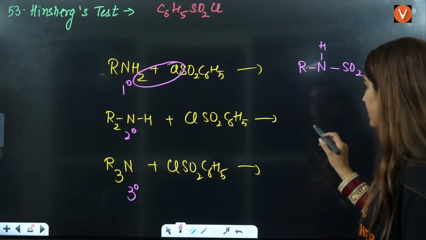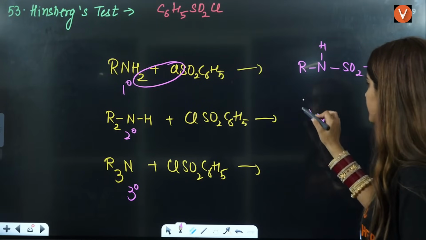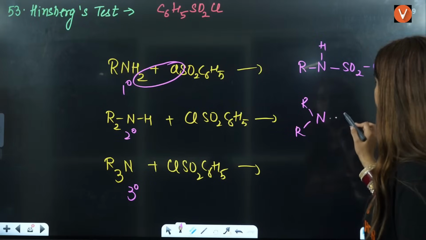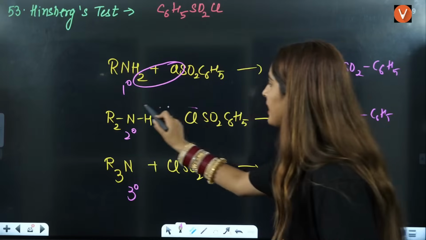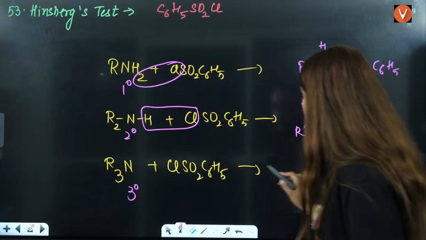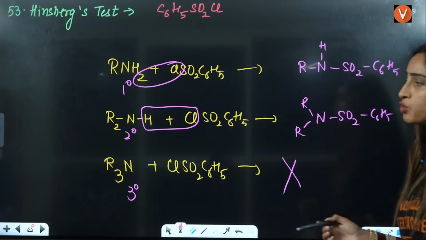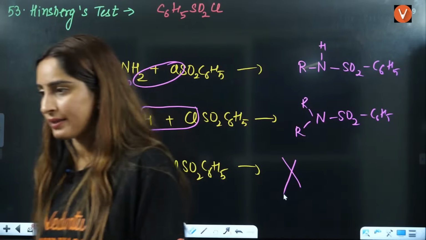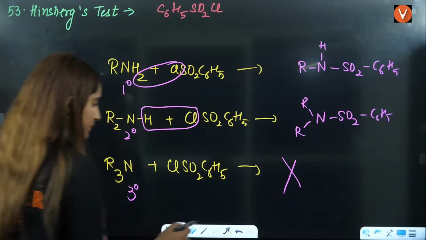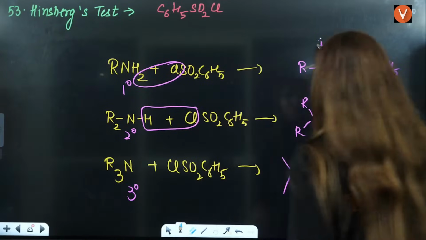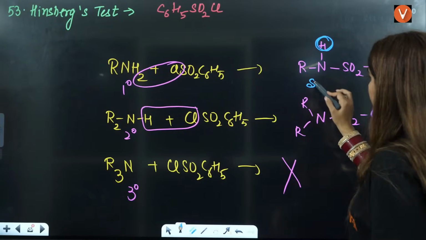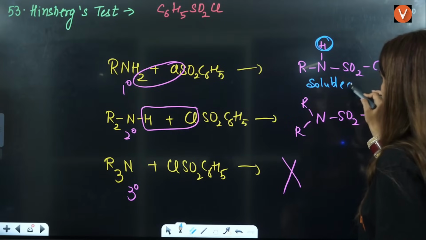Here you will have the formation of N with R, R, and SO2 C6H5, because here again HCl will be eliminated. Here, no reaction will occur because you don't have any hydrogen to be eliminated. So for primary amines you get a product in which nitrogen has one hydrogen, that is why it is soluble in alkali.